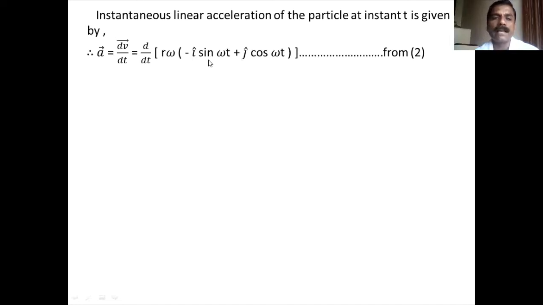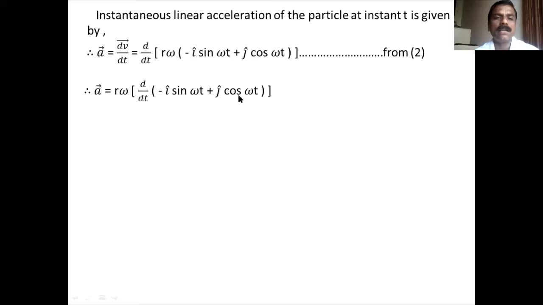Again you will find there are two terms. So how can we find the derivative here? R omega is taken as constant, and again we can take the derivative of these two terms, and it is written like this.